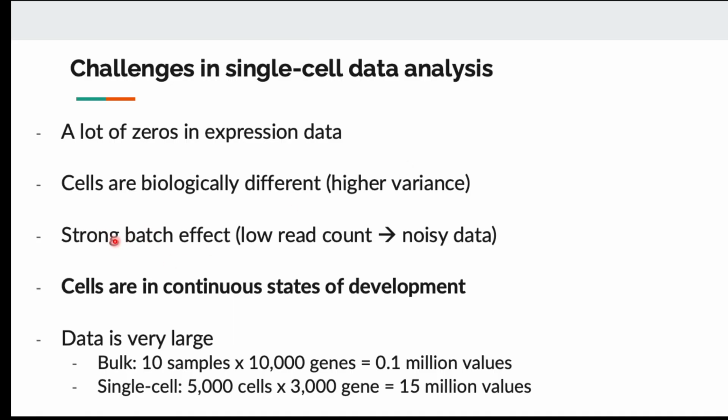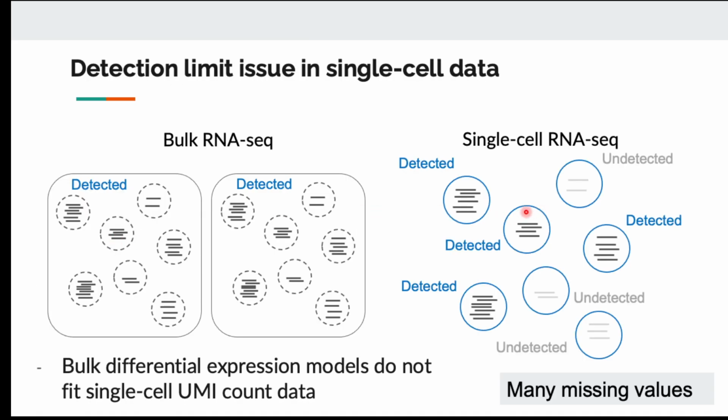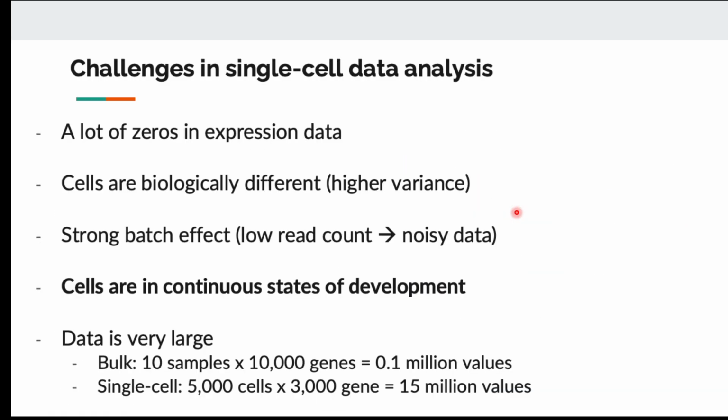And because we are sequencing only 20,000 to 50,000 reads, we're going to have chances to detect or not detect some genes. And the expression level also changes from cell to cell, depending on their biological state. So what we are seeing here is that we're also going to see a very strong batch effect.